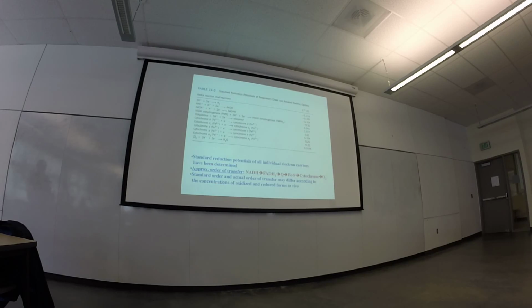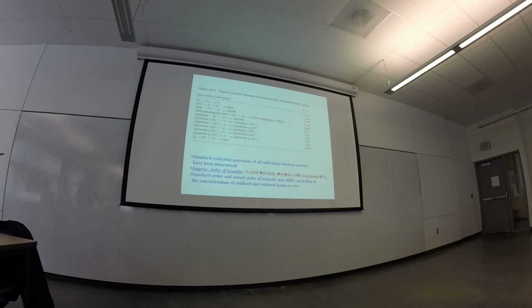Okay. So this is just showing you a partial list of reduction potentials. These are the ones that are the most important for the respiratory chain. For reference, there's the proton transfer to just form molecular hydrogen. But here we've got NADH forming NAD+, very similar. Here's ubiquinone.